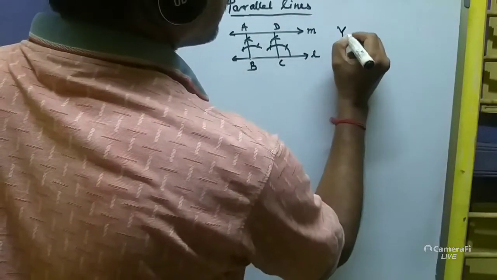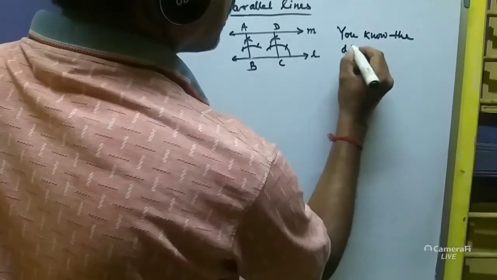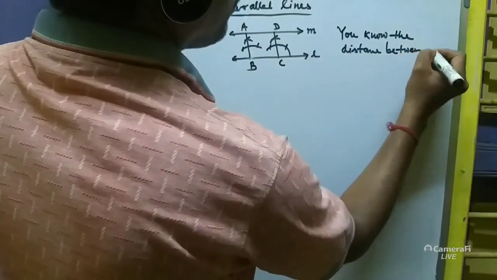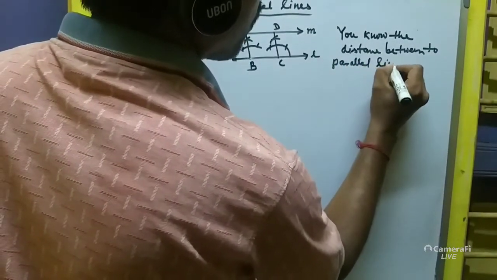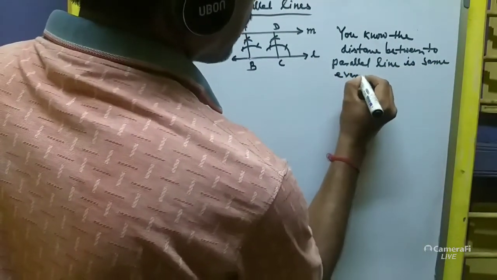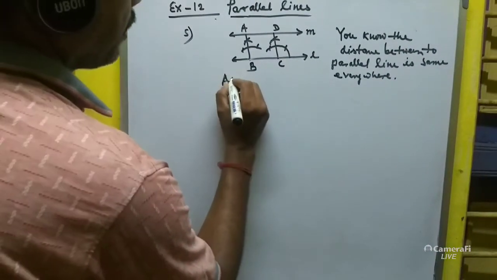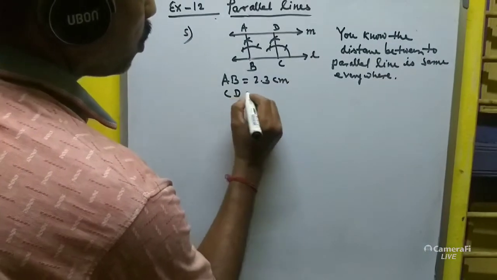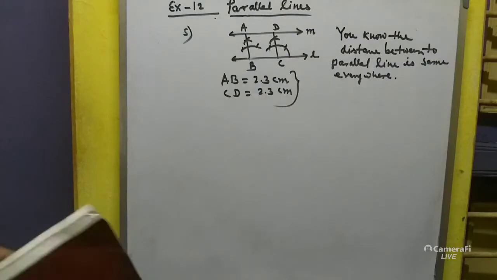So you know that the distance between two parallel lines is the same everywhere. So here AB is given 2.3 centimeter. So CD will also be 2.3 centimeter. So this is the process. Very easy.